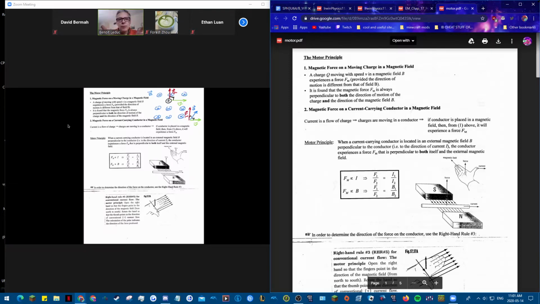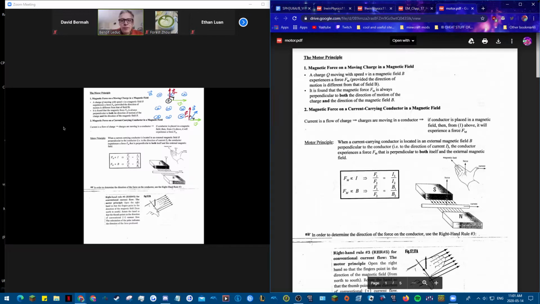And so those electrons will feel the magnetic force, deflecting their initial trajectory through the wire. Those electrons will be deflected towards the side of the wire. The electrons are not going to come out of the wire because some other force keeps the electrons in. So the overall effect here will be that the whole wire will sort of move.